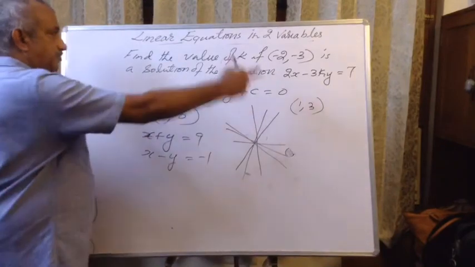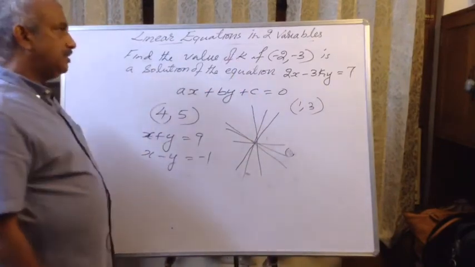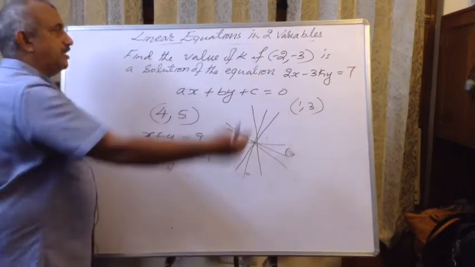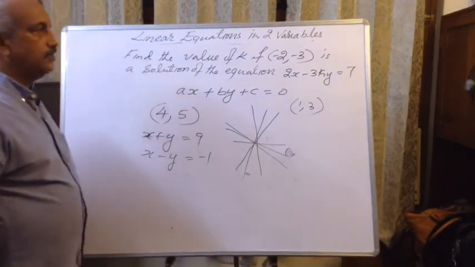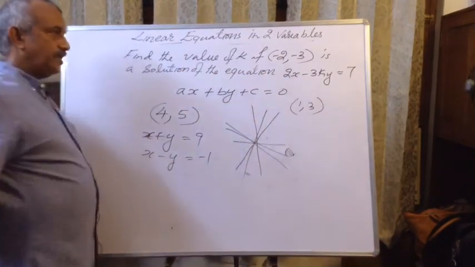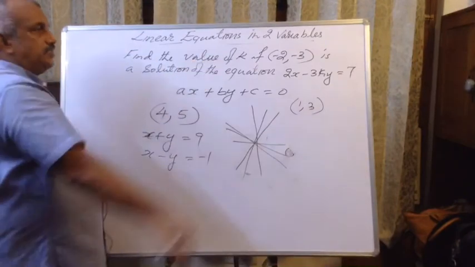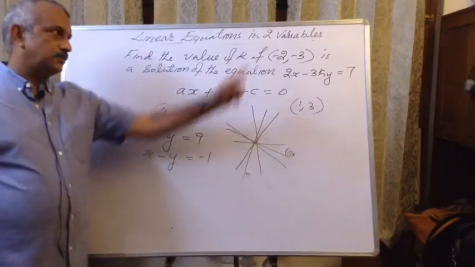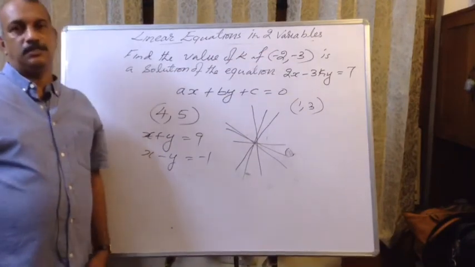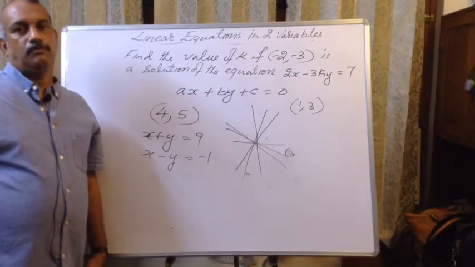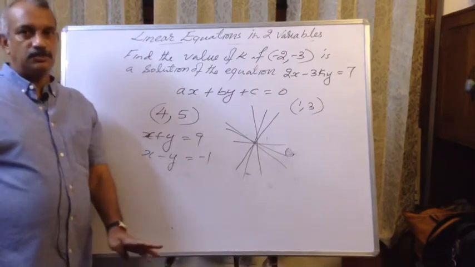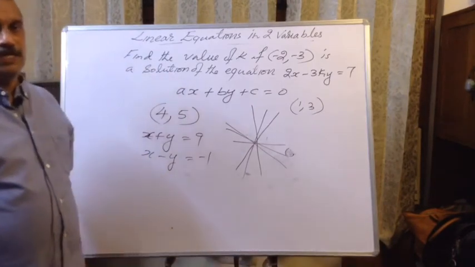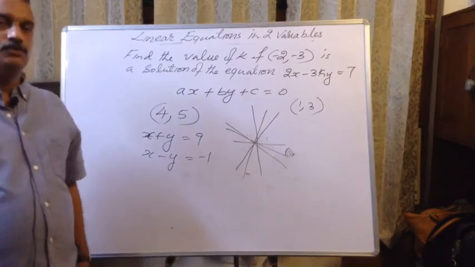Now last one, what we have done is find the value of k if minus 2, minus 3 is a solution of the equation, or find the value of k if the graph of the equation 2x minus 3ky is equal to 7 passes through the point minus 2, minus 3. Condition, if it is passing through the point minus 2, minus 3, then it is a solution.